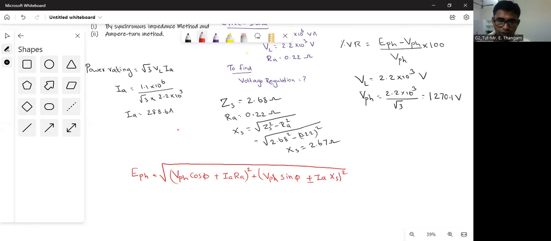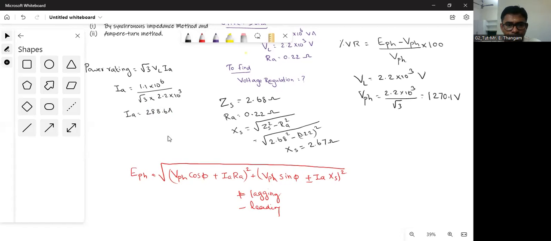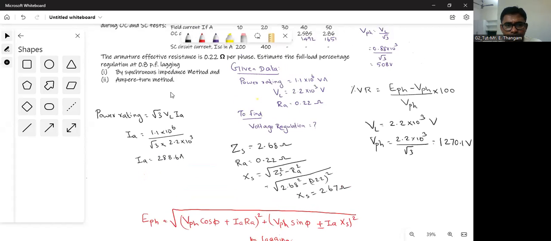Plus is for lagging power factor, minus is for leading power factor. In this problem, we are asked to calculate for 0.8 power factor lagging. So plus only we are going to take.